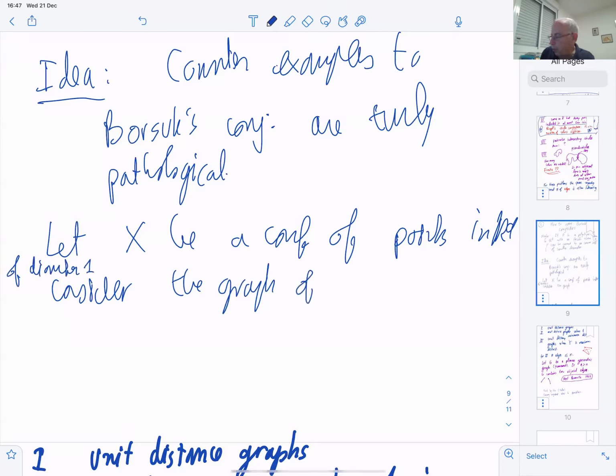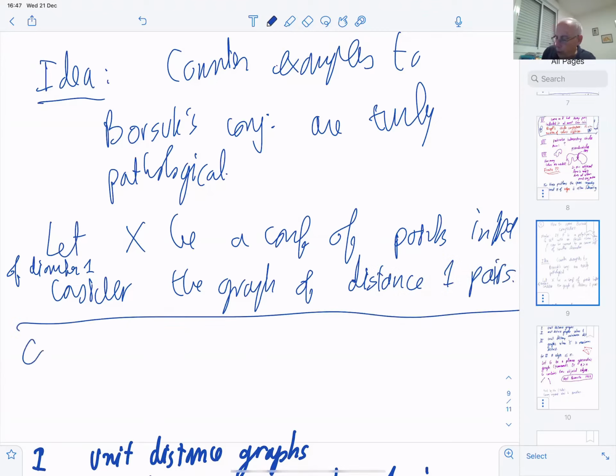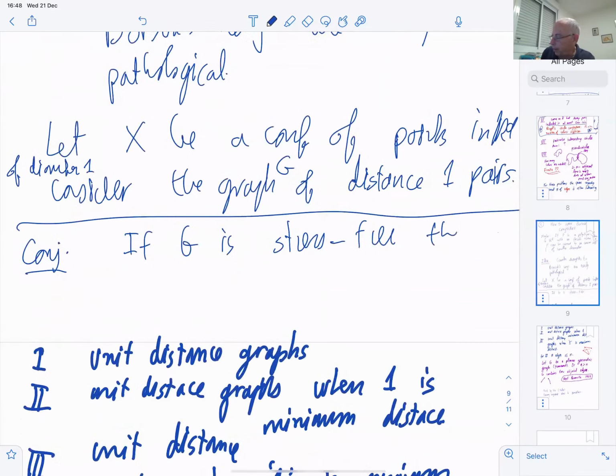Consider the graph of distance 1 pairs. And then there is the following conjecture. Let's call this graph G. If G is stress-free, then G is D+1 colorable.